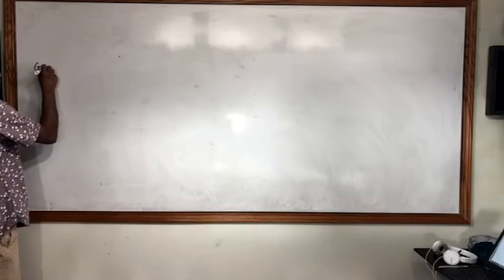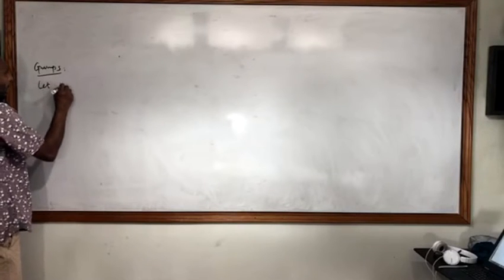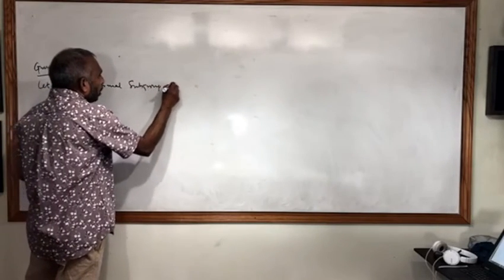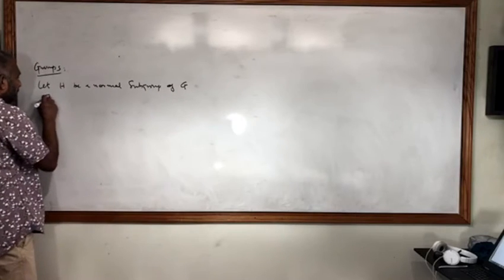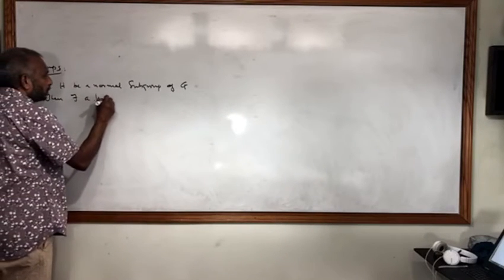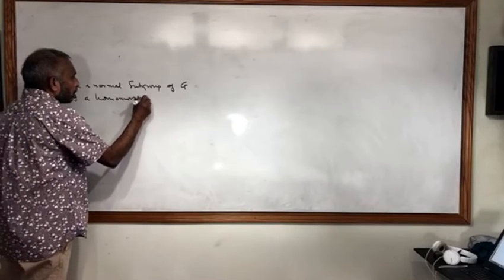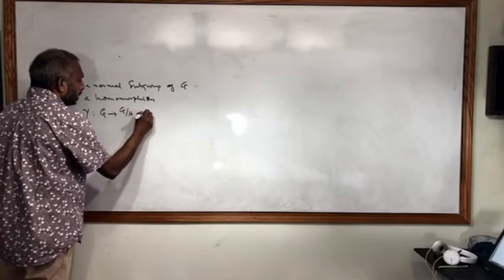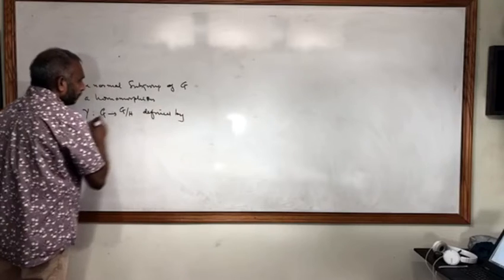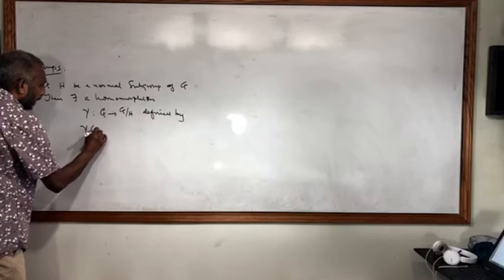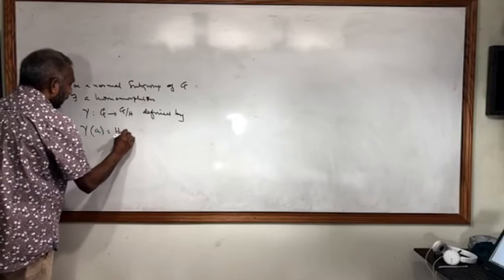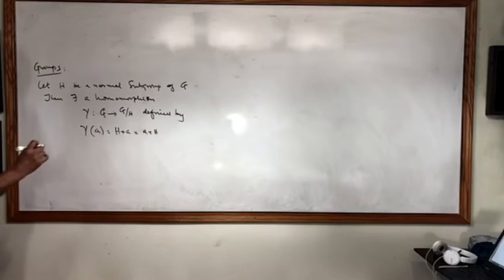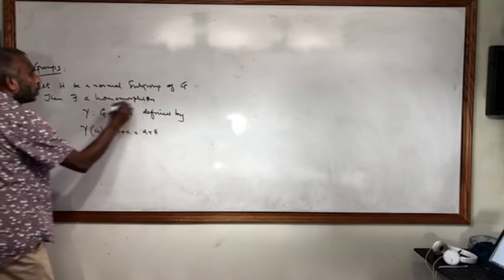So in groups, let H be a normal subgroup of G. Then there exists a homomorphism gamma from G to G over H defined by gamma of a is equal to H plus a or a plus H. So this is a group homomorphism.